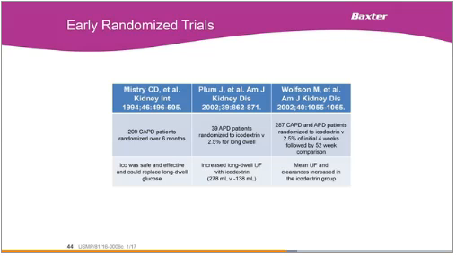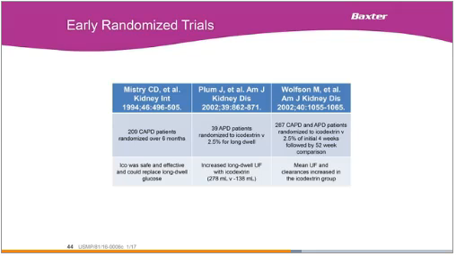The Plum study was now APD patients, 39 patients. They were randomized to Extraneal versus 2.5% dextrose for the long dwell. And the conclusion of that early study was that there was an increased ultrafiltration with the icodextrin. Now the Wolfson study came out in 2002, was actually 2 buried randomized trials published together in the article.